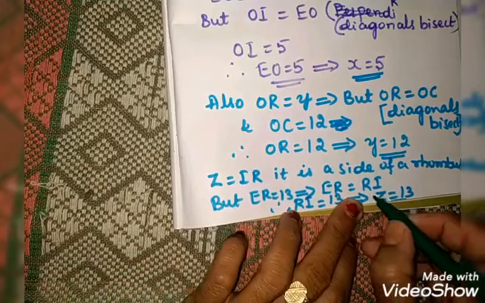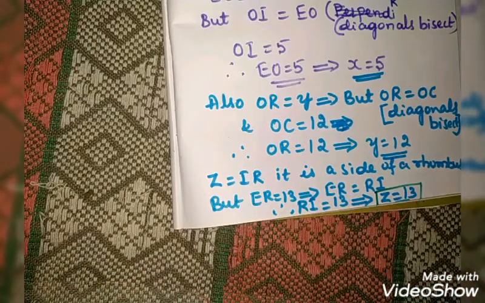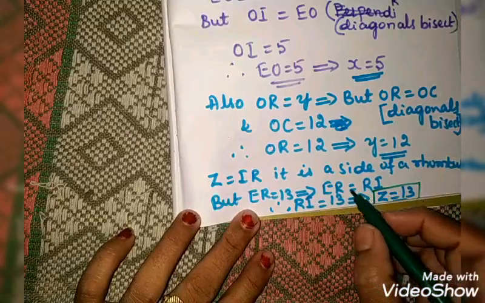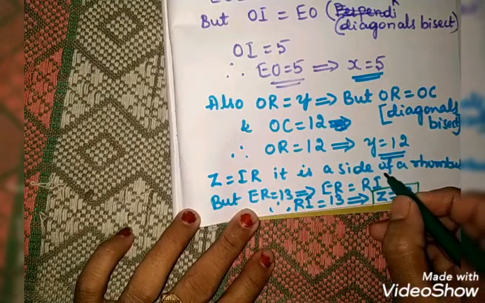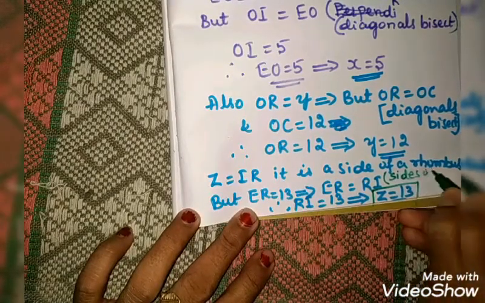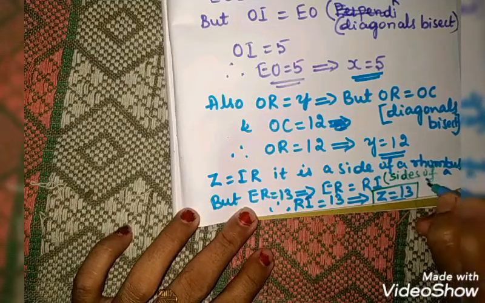Three properties we used here, children. ER is equal to RI because they are sides of a rhombus. You can write that.